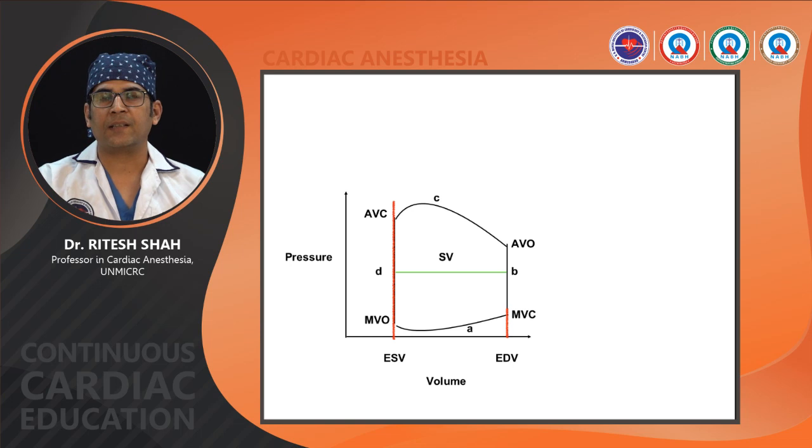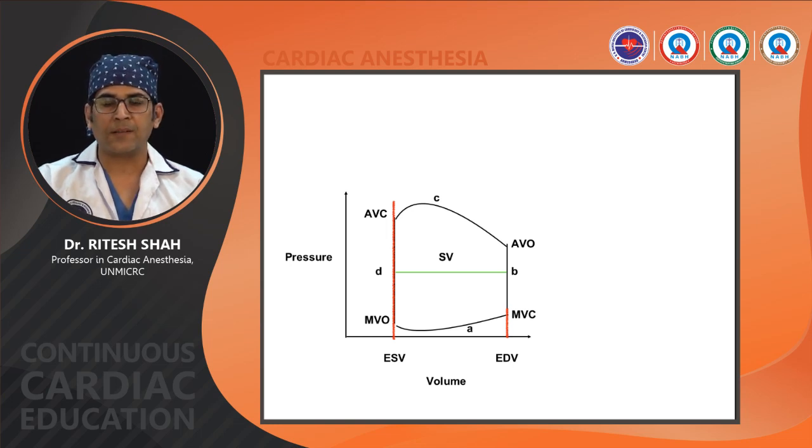When LV pressure exceeds aortic diastolic pressure, the aortic valve opens, and then ejection of blood occurs, that is phase C. After ejection of the blood, when LV pressure falls below the aortic pressure, the aortic valve closes, and then follows the phase of isovolumic relaxation, that is phase D. When LV pressure falls below LA pressure, the mitral valve opens and the LV starts to fill again, that is phase A.